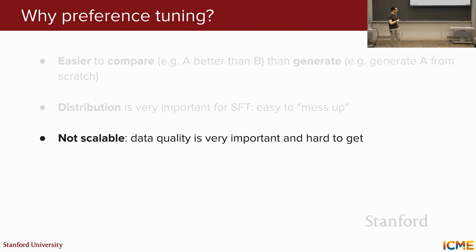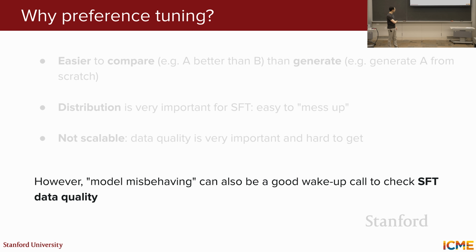And then the third reason is what I mentioned, which is the SFT data is typically very high quality. So if you're looking at all the missteps that your model is doing and trying to put that in the SFT data, you'll just have a hard time. It takes a lot of time.